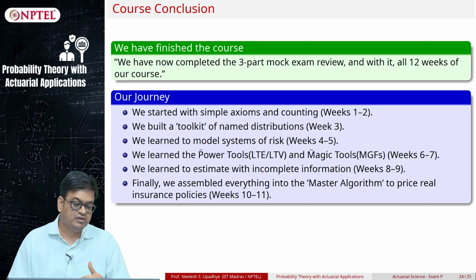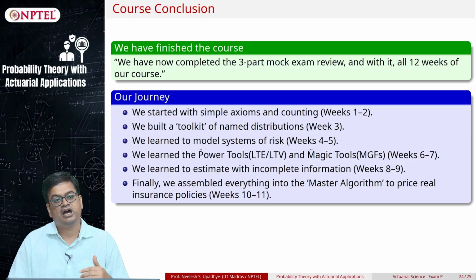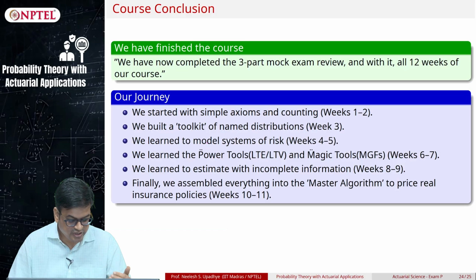Then, even if we have incomplete information, during weeks 8 and 9 we learnt how to estimate probabilities, how to give bounds on probabilities, and how to understand the overall long term behavior of random variables. That was our key motivation in weeks 8 and 9.